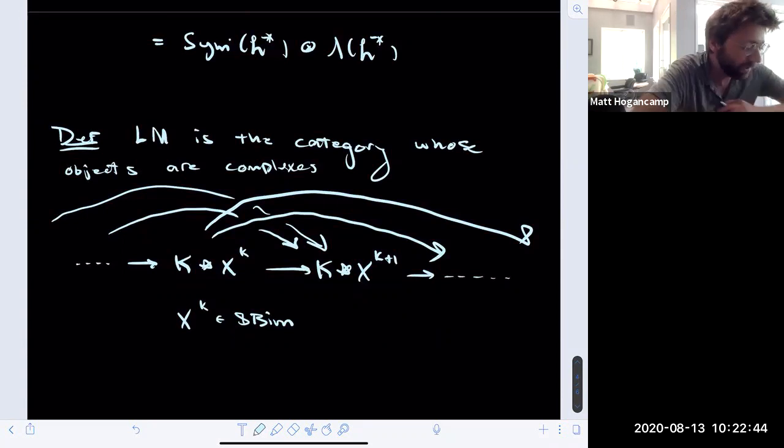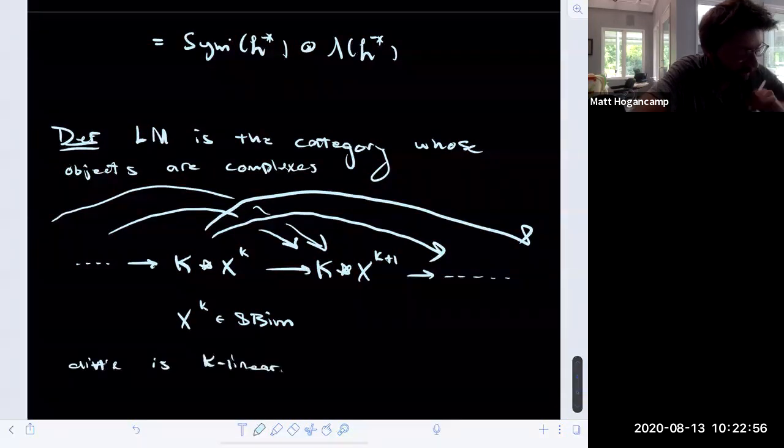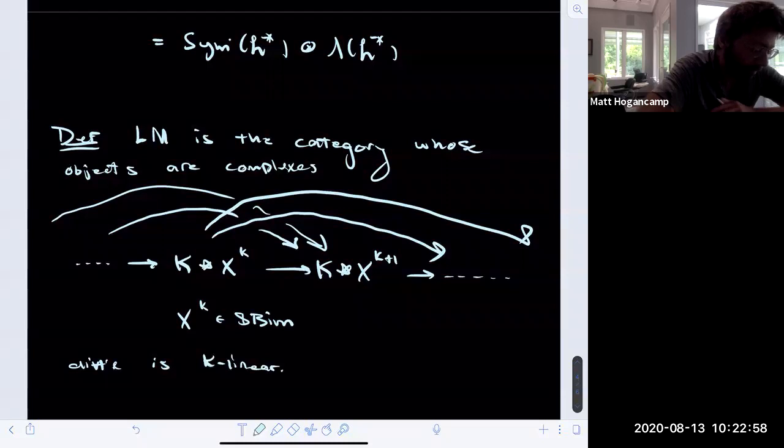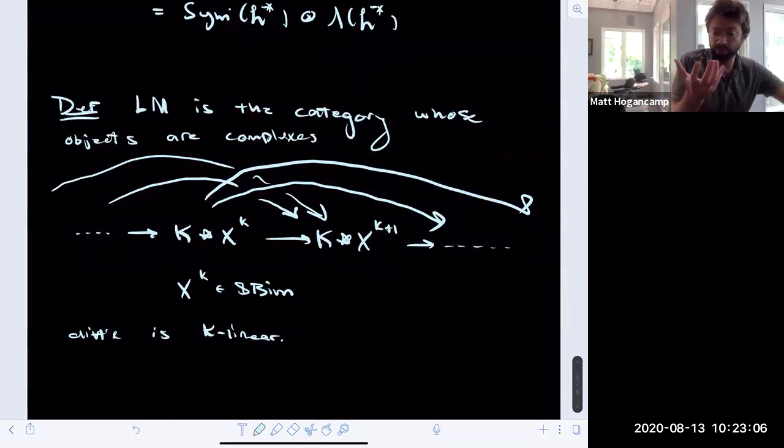Anyway, LM is the category whose objects are complexes like this, where the differential is required to be K-linear. And then the morphisms are morphisms in the category of complexes of Zergle bimodules, which are also K-equivariant.